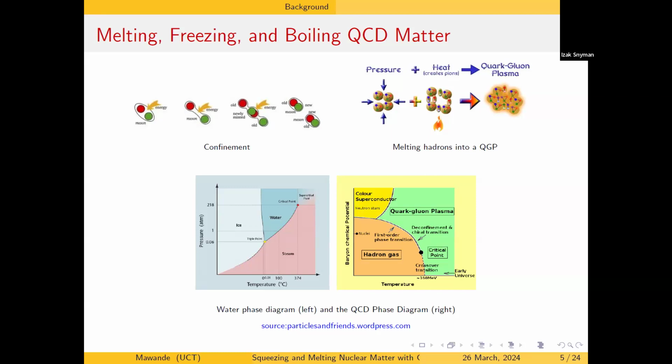I know for sure that if I heat water up enough, I can go from steam to water without any kind of latent heat. It goes rather smoothly. And I know there's a critical point over there, and the triple point where you get the ice, steam, and the liquid water at the same time.